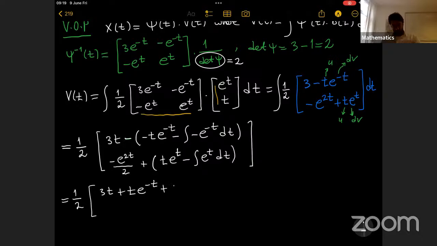Plus e to the minus t plus a constant c1, let's say. And the other one is minus e to the 2t over 2 plus t times e to the t minus e to the t plus c2.